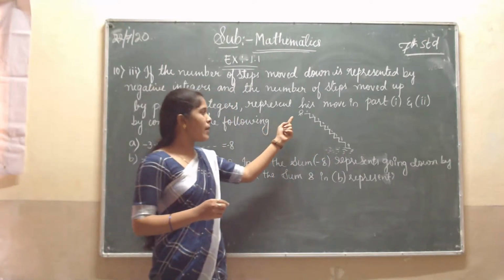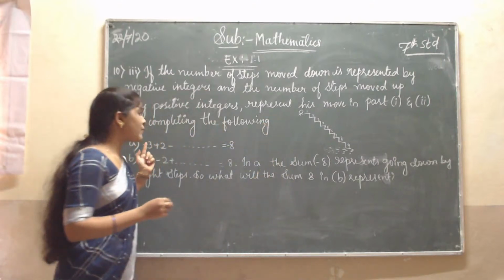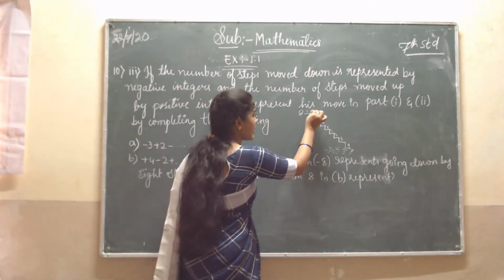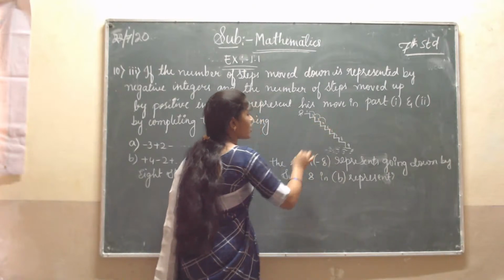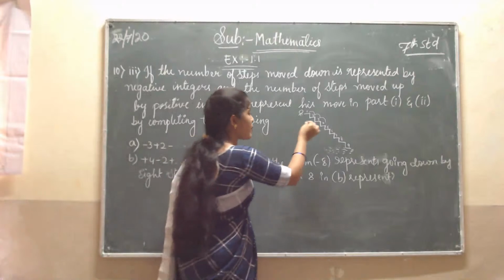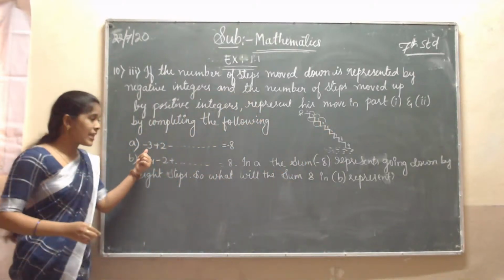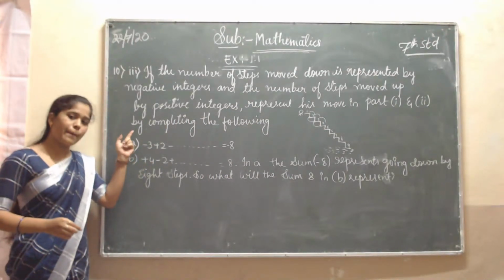So the monkey first jumped 3 steps down, 1, 2, 3, to the 4th step. Then he jumped back up 1, 2 steps. Down means minus, up means plus.